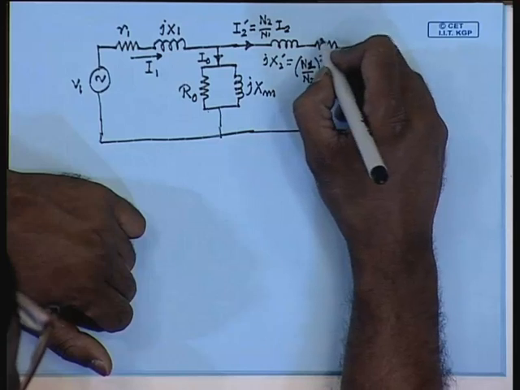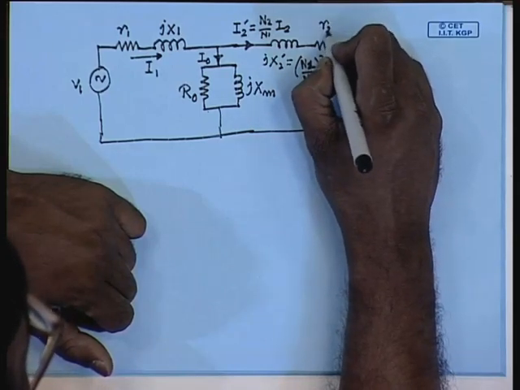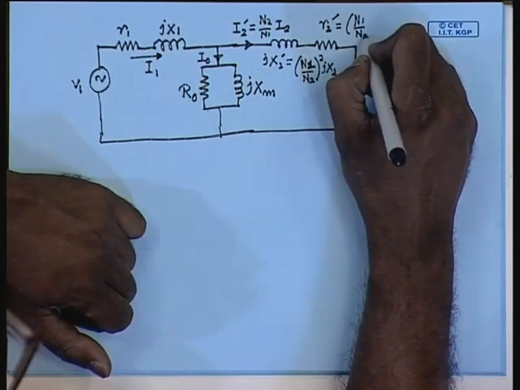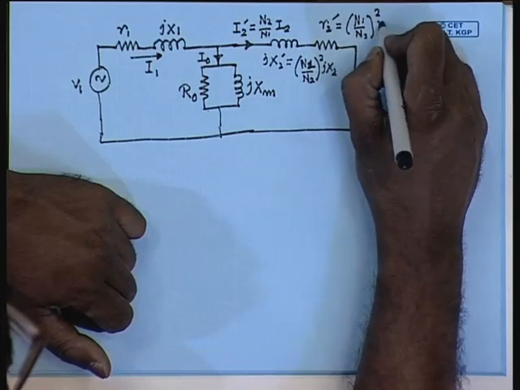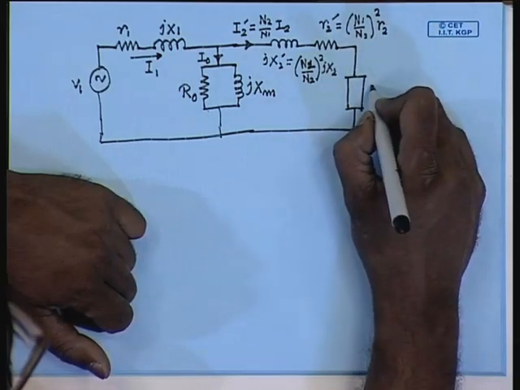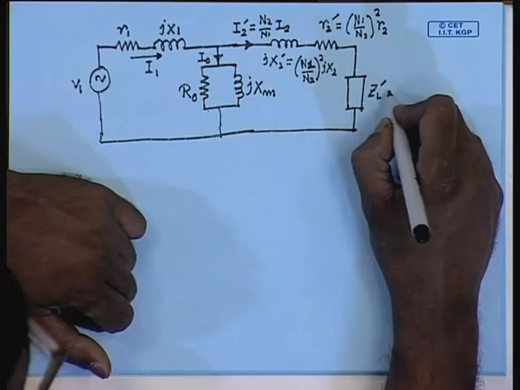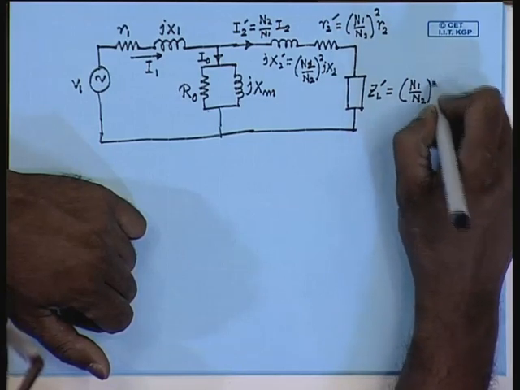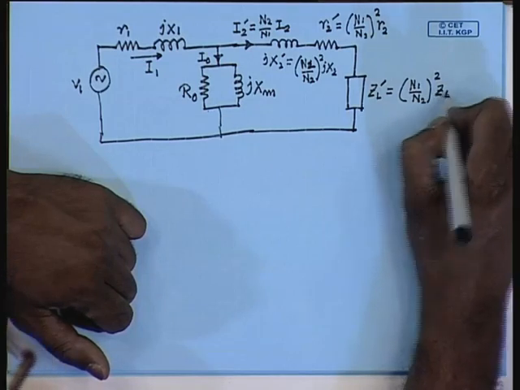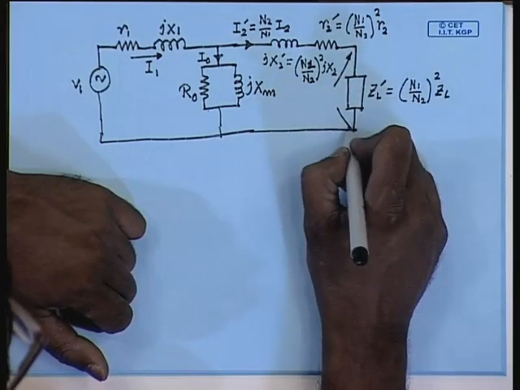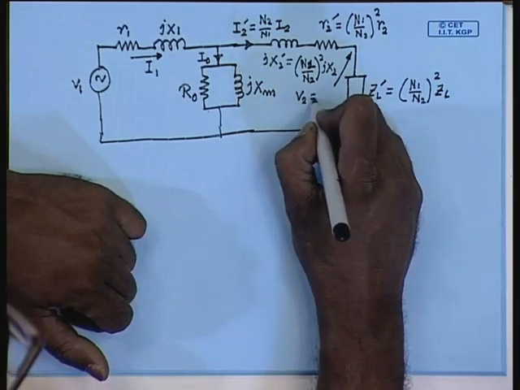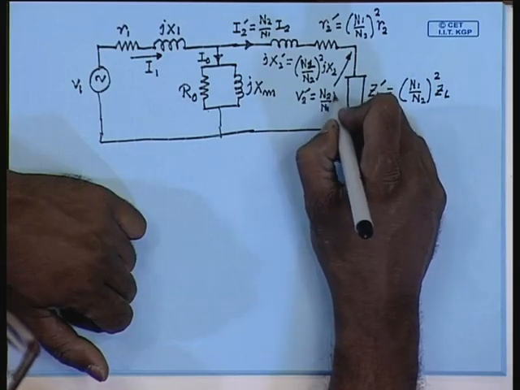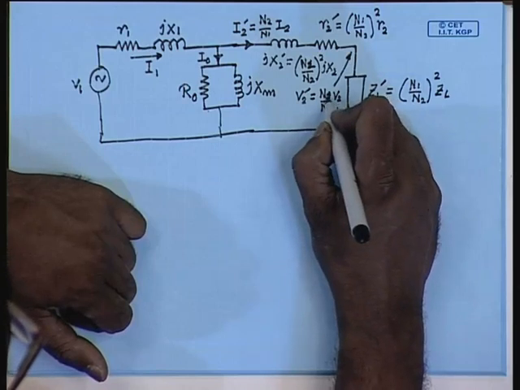Similarly, the referred secondary winding resistance R2 dash will be given by (N1 by N2) square R2. The referred load impedance ZL dash will be given by (N1 by N2) square ZL, and the referred output voltage V2 dash will be N1 by N2 into V2.